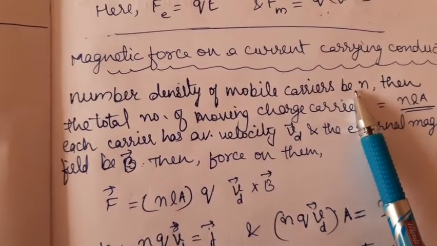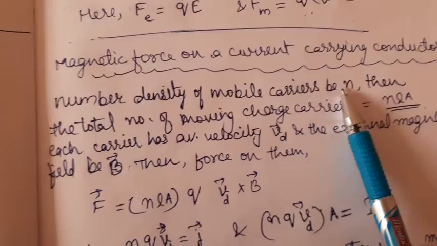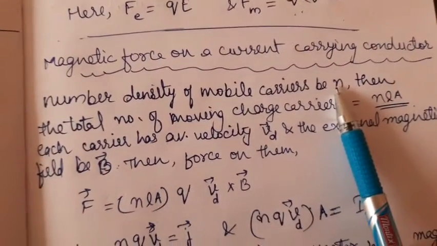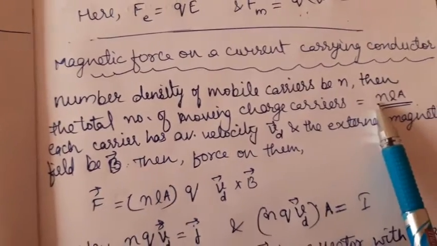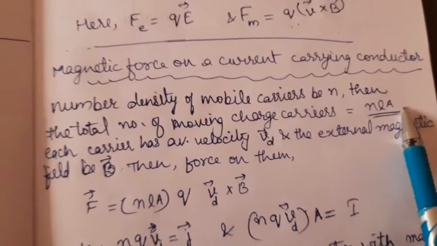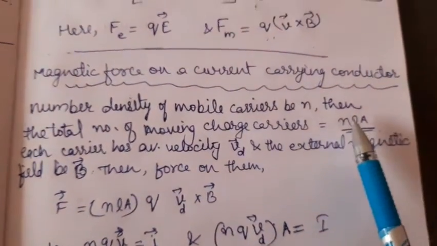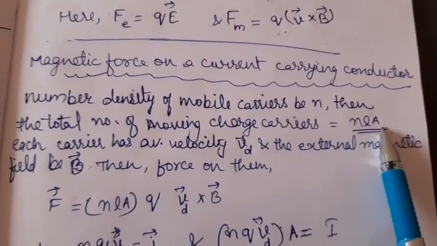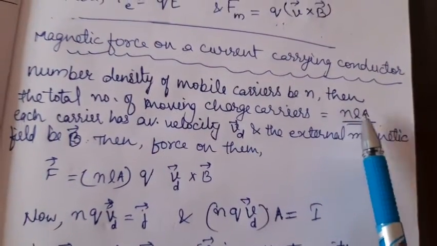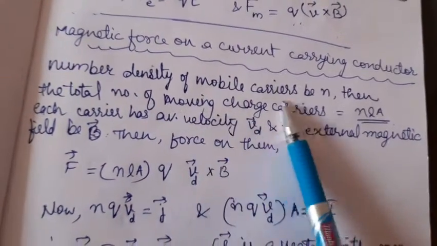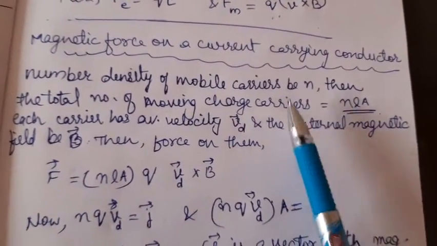Number density means the number of carriers, the number of charges per unit volume. The total number of moving charge carriers will be the number density multiplied by the volume, that is L into A, because L is the length and A is the area of cross section. So L into A is the volume, and number density multiplied by the volume gives the total number of moving charge carriers.